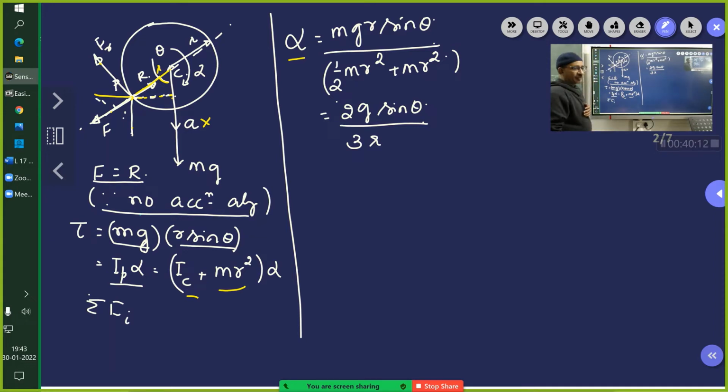Remember, you have to consider summation Fi, because we have only considered this as the unbalanced force. So if this friction is there, then this will not be the only unbalanced force. This will come into picture. Things will be slightly different. But anyway, now let's not complicate it. Let's go with this.